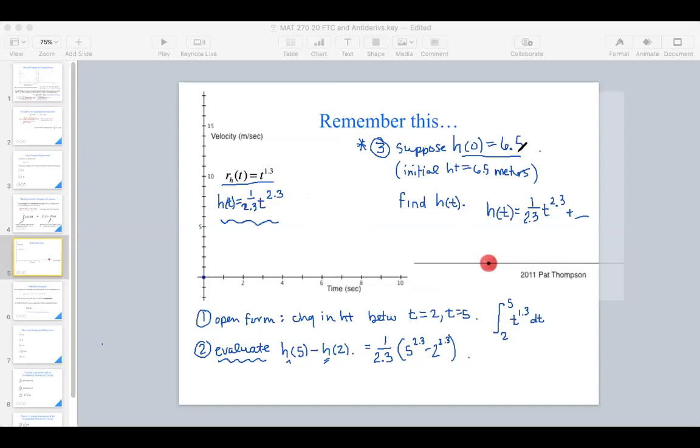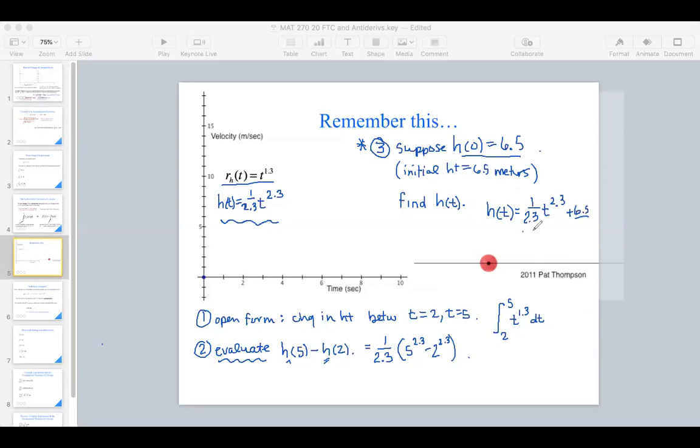Well, just like linear equations, this doesn't work all the time, but because this is a power function, and 0 to any power is going to be 0, if I substitute in 0 for t and 6.5 here, I'll figure out that this number has to be 6.5.